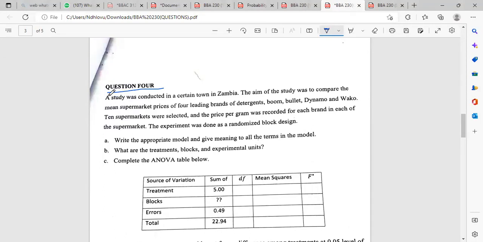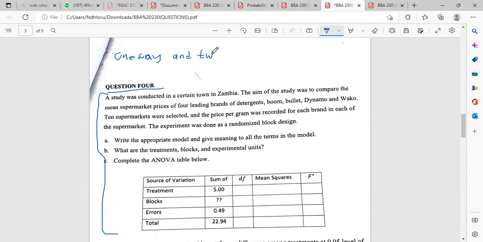Okay, so under this topic, which is analysis of variance, we have one-way ANOVA and two-way ANOVA.